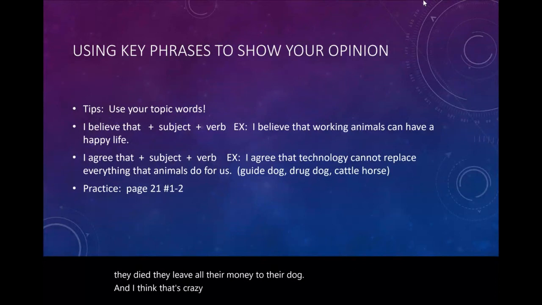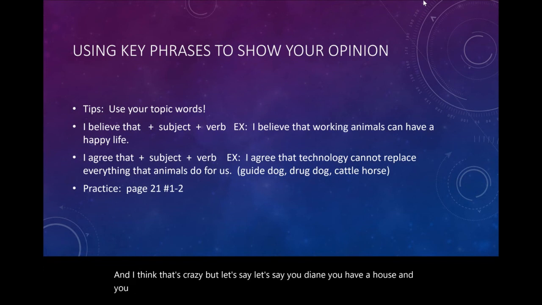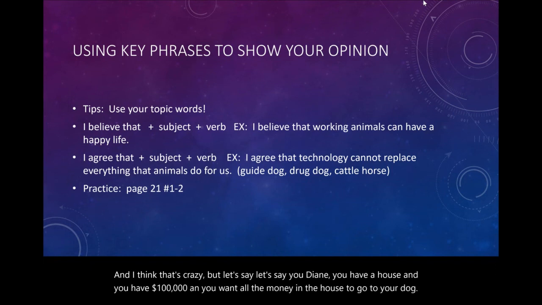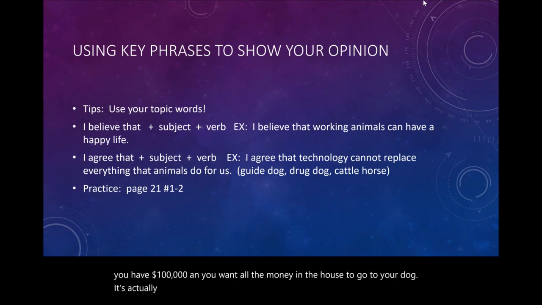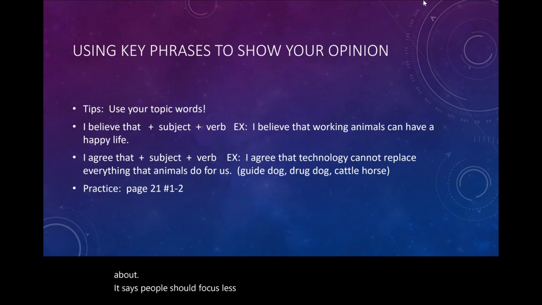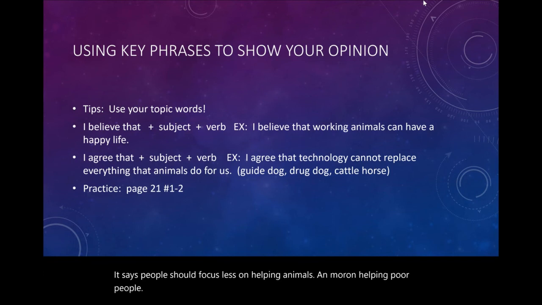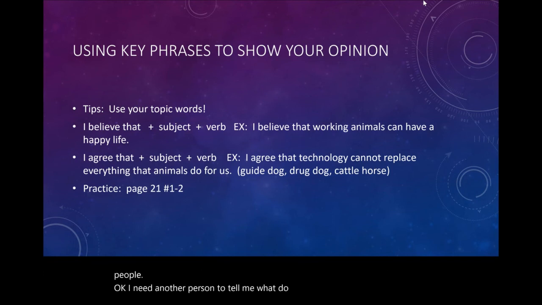But let's say you die and you have a house and you have $100,000 and you want all the money in the house to go to your dog. It's actually true. Somebody did that. So this is what we're talking about. It says people should focus less on helping animals and more on helping poor people. Okay, I need another person to tell me, what do you think? Use I believe or I agree.